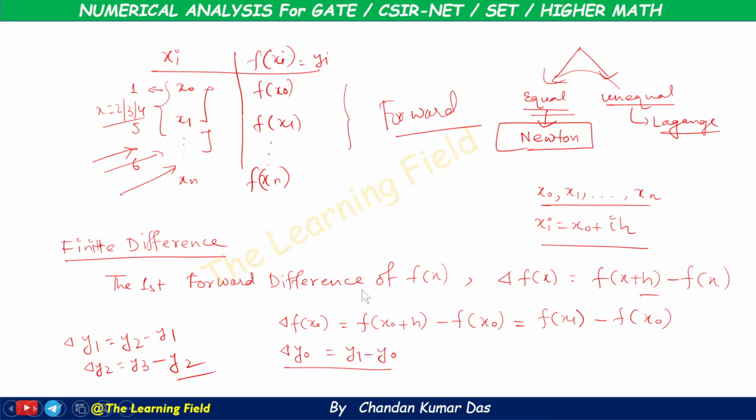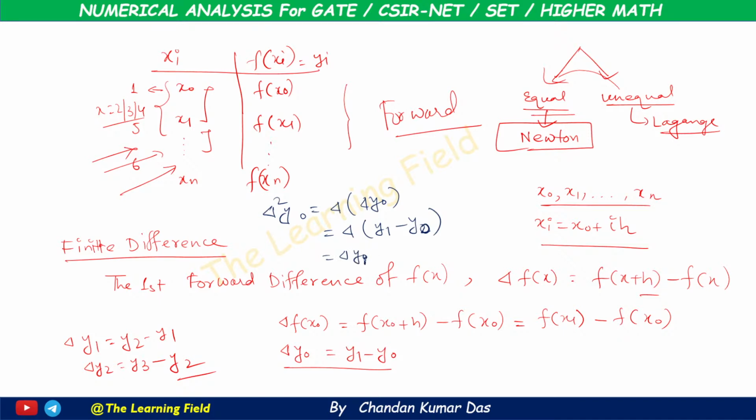Now if we write the second order finite difference, we can write it as delta square of y0, which is equal to delta of delta y0. So delta of delta y0 means delta of y1 minus delta of y0.